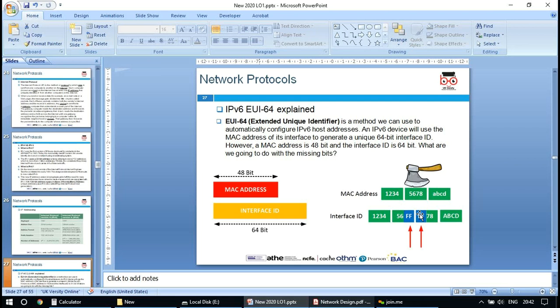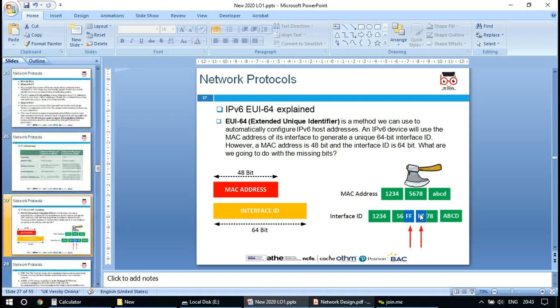Not only computers but even nowadays a machine, for example a washing machine that could be operated via network, will have a MAC address, isn't it? That's right. So what they do now is put FF and FE in to make it a 64-bit address for the device.